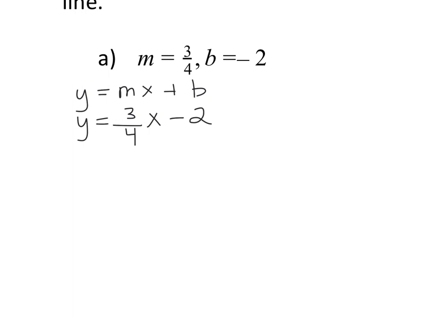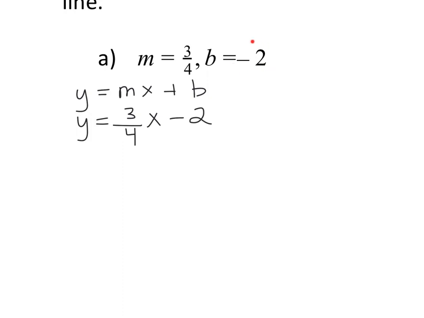Now we're ready to graph. So the first step to graphing a line, when all you have is the equation or the slope and the y-intercept, is you want to start by putting a dot or a point on your Cartesian plane at the value of your y-intercept.